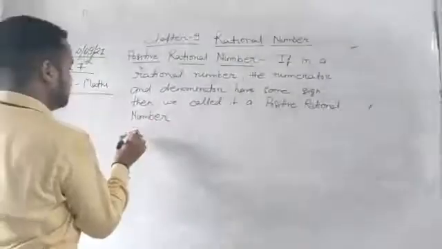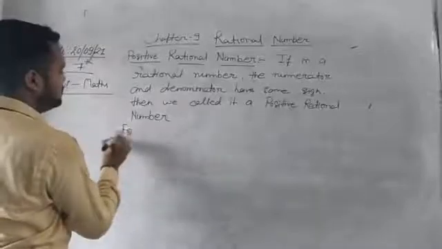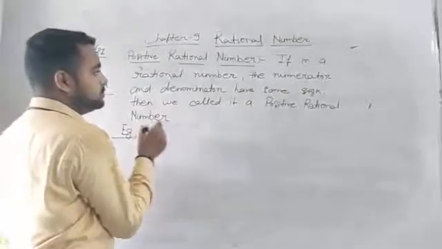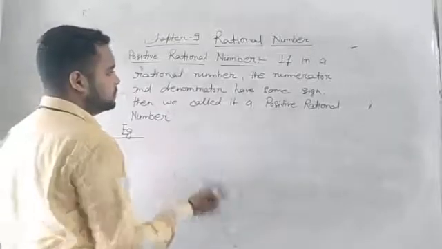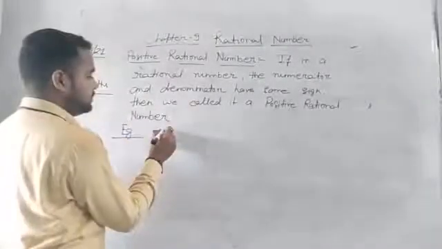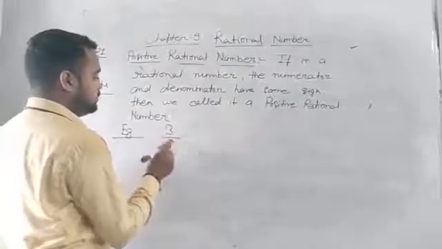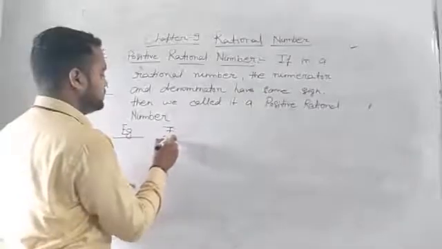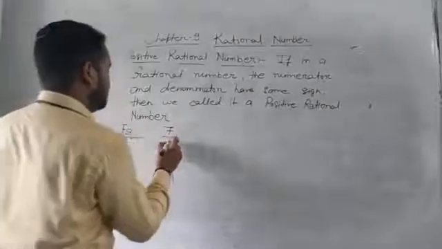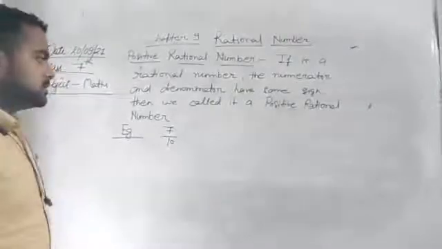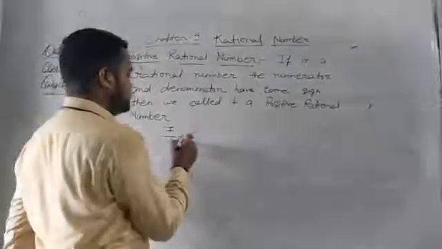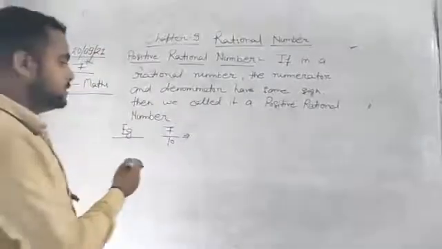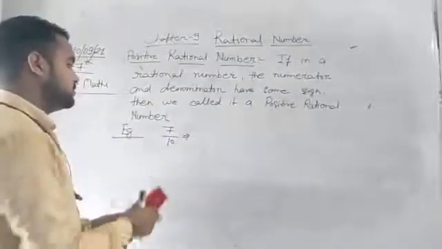So for an example, what is a positive rational number? If the denominator and numerator have the same sign, okay, for example 7 by 10. In this rational number, the numerator has a positive sign and the denominator also has a positive sign.